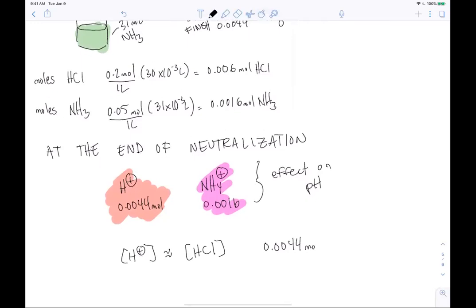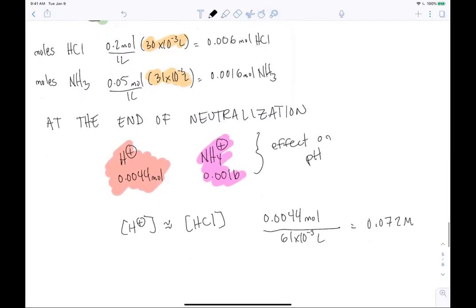So you have 0.03044 moles, and that's going to be over, we're going to take both of these volumes and add them together, so that'll be over 61 times 10 to the minus 3 liters. 0.072 molar.